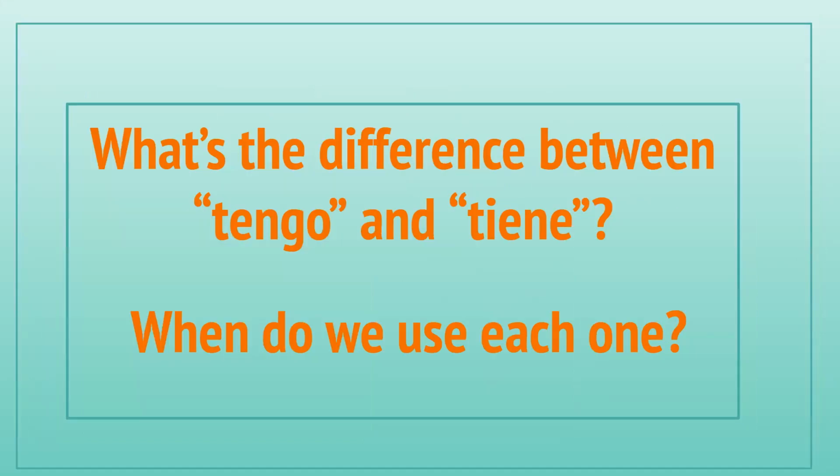All right, so we learned a few things here, but I want to make sure that we're clear on something. What is the difference between tengo and tiene? And when do we use each one? In some of our examples, we use tengo, and then the other examples, we use tiene. When do we use which? Is it eeny, meeny, miny, mo? Or how do we know which is the correct one to use?